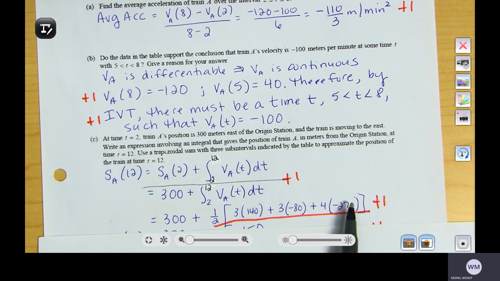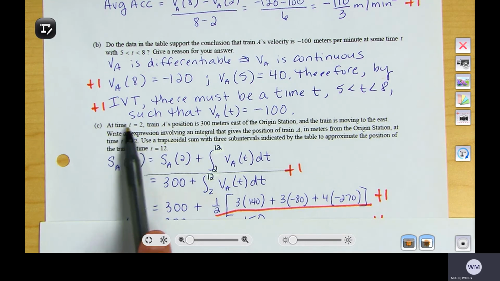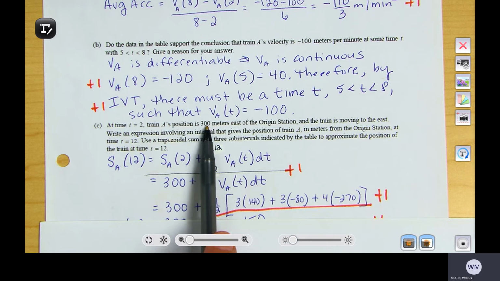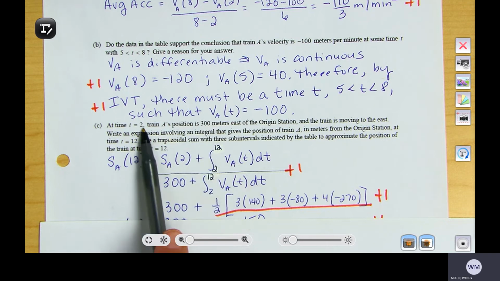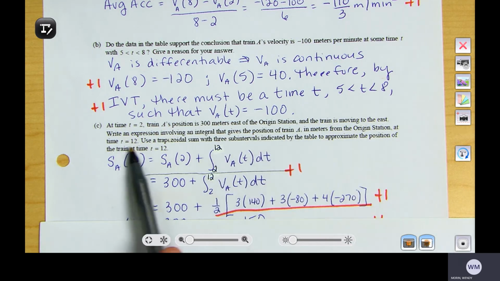And maybe you put that as your answer only, but there's a reason, again, why they said at t equals 2, the train's position is 300. Again, you need to recognize that that is your initial condition. If you're starting at 2 and going to 12, and they want the expression, what does it say here?